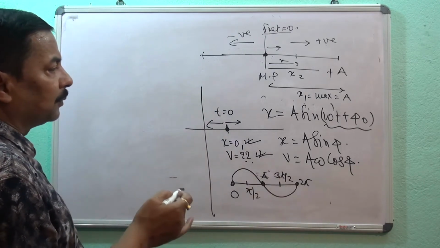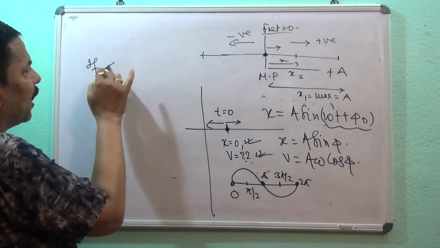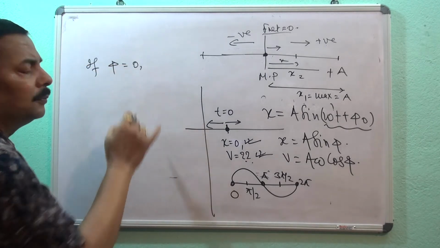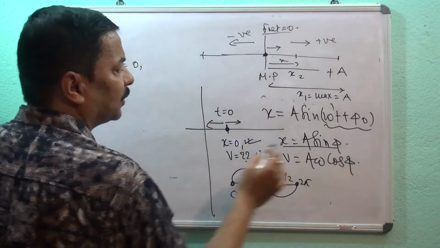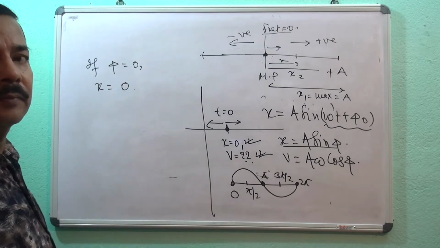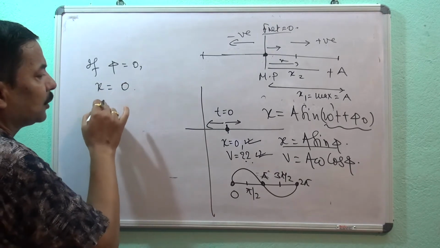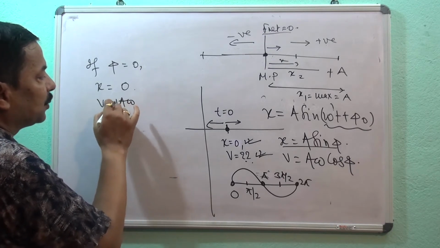Now see, if phi is equal to 0, that means in this equation, try to understand, x is equal to 0 and v is equal to a omega, and this is positive.